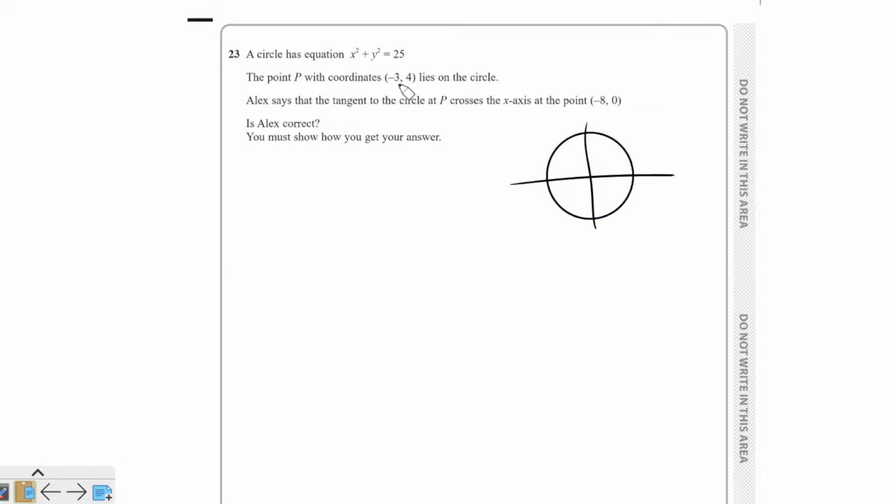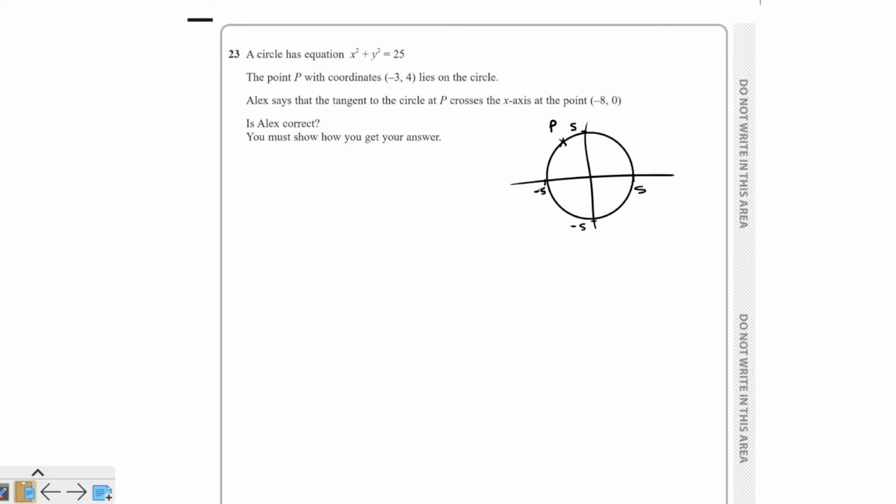Because it's 25, I know that's the radius squared, so the radius is 5. So this is minus 5 and this is 5, so I can roughly plot where P is. That's -3, 4, so it's about here. That's P.